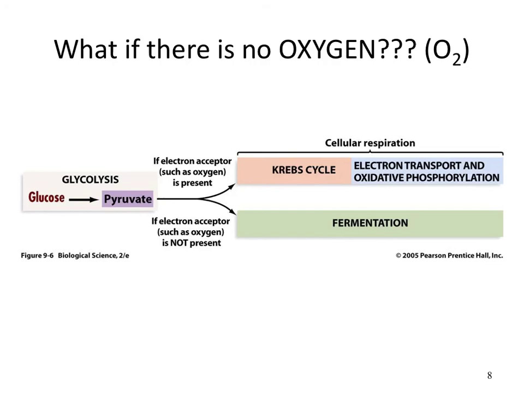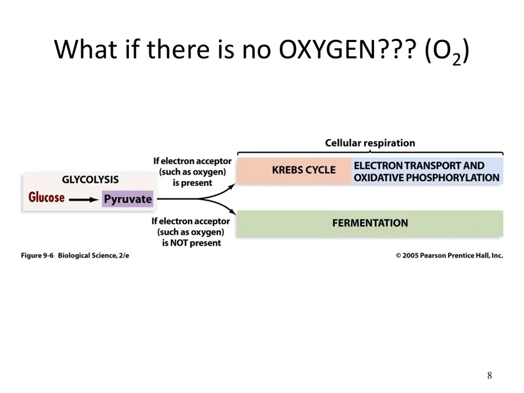So before we conclude the topic of aerobic respiration, let's ask the question, what will happen if there is no oxygen? You need oxygen to serve as the terminal electron acceptor in order to accomplish aerobic respiration. But sometimes in cells, the oxygen runs out.